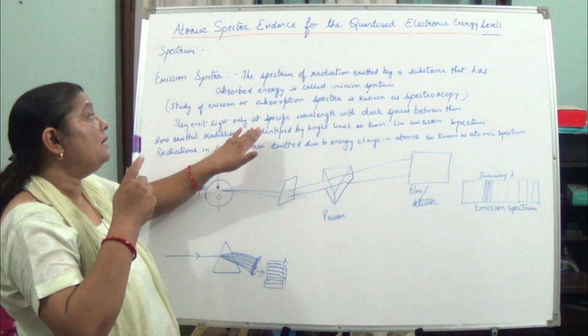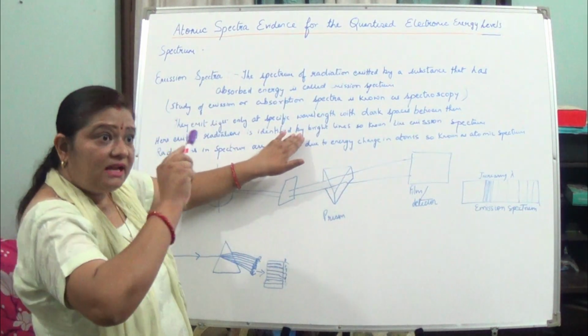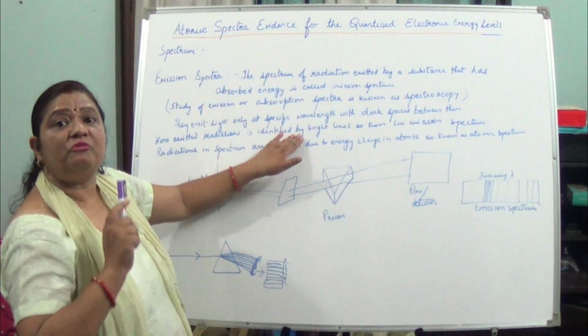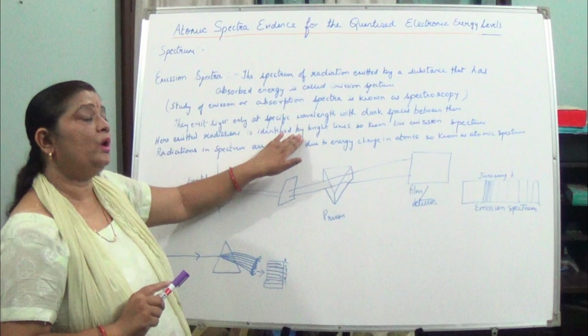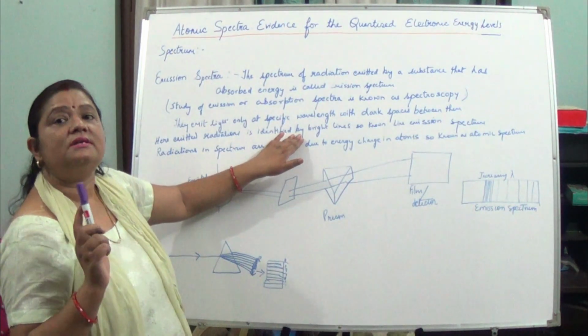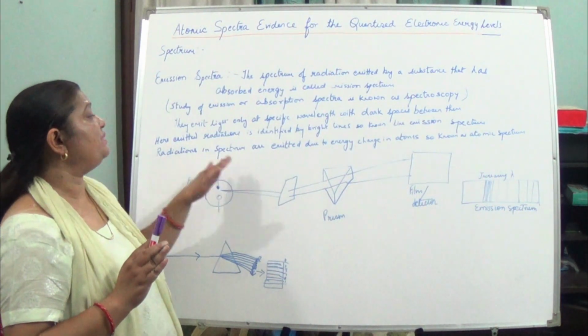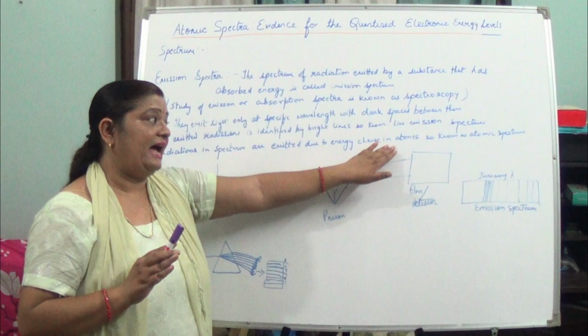Because it is emitting light only of specific wavelength, and as a result there will be dark spaces and you will be observing bright lines, and this is why it is known as line emission spectrum.